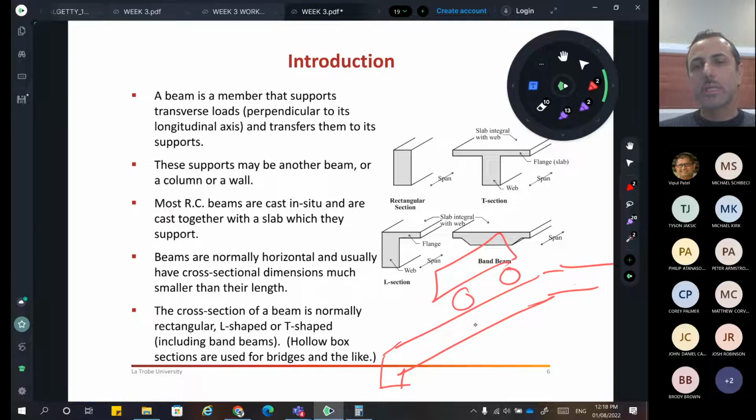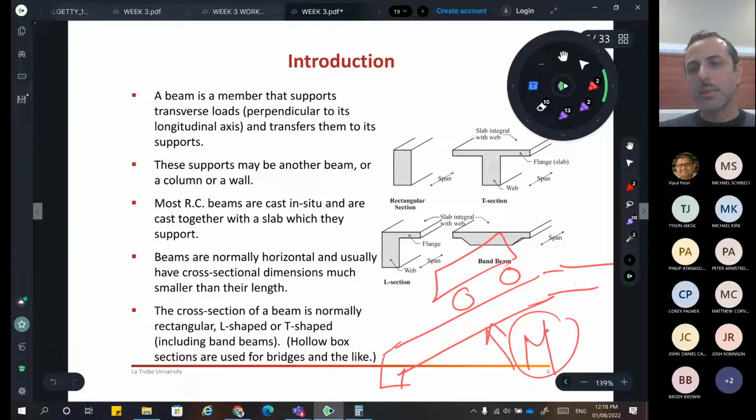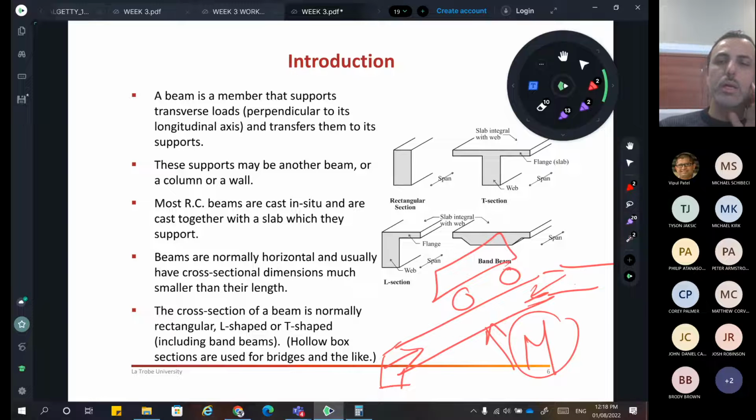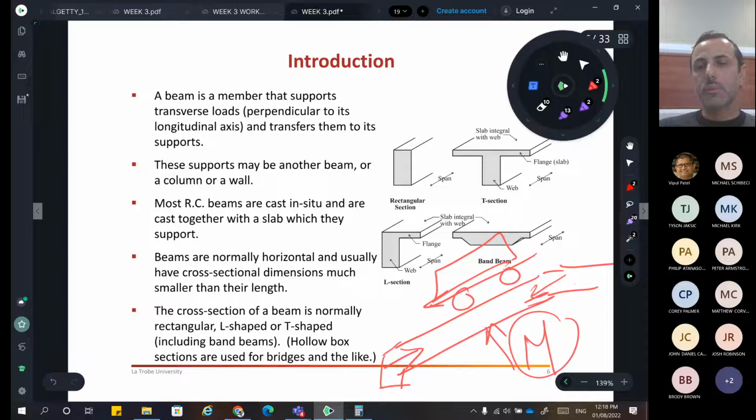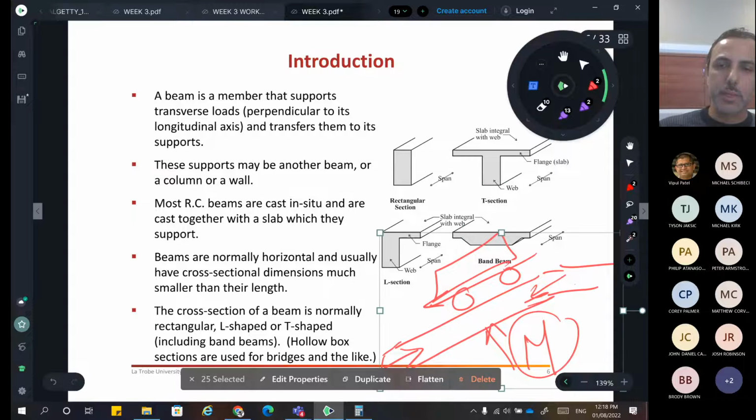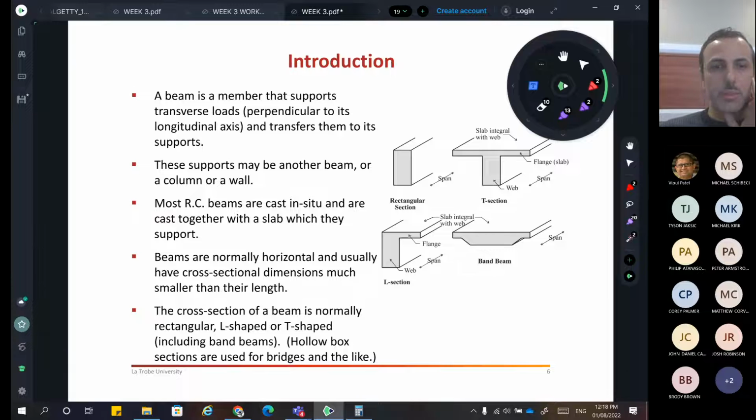This section is going to be mostly under bending. We design it as a beam, but at the same time, there is some axial load because it's not only horizontal, it also gets compression due to the load from the vehicle or the own weight of the slab. So this is just for your information. In this subject, we're only going to design horizontal beams.